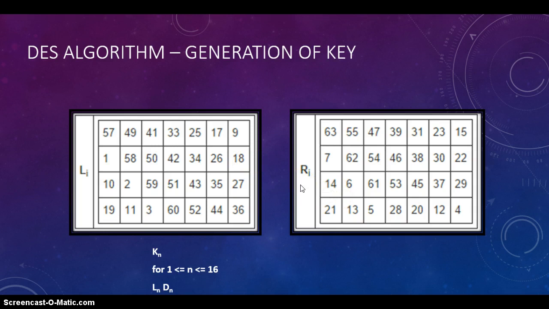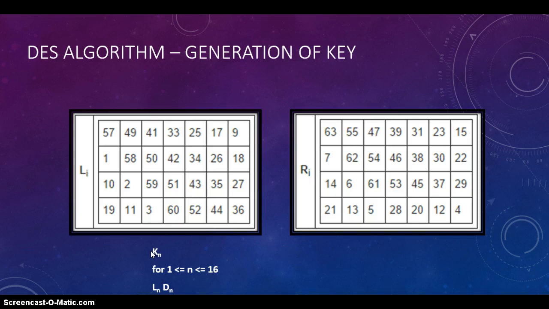And from this pair we are going to form 16 blocks of pairs Ln, Rn. Each pair of blocks Ln, Rn will be formed from the previous pair, Ln-1 and Rn-1, using a schedule of left shifts of the previous block.